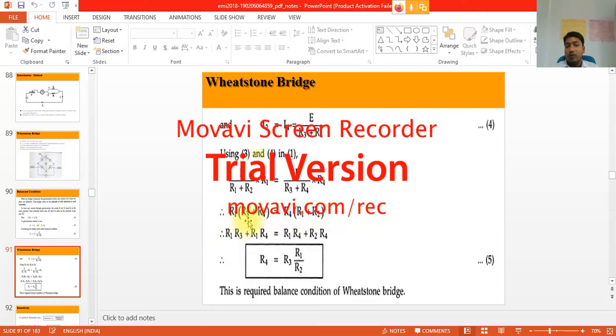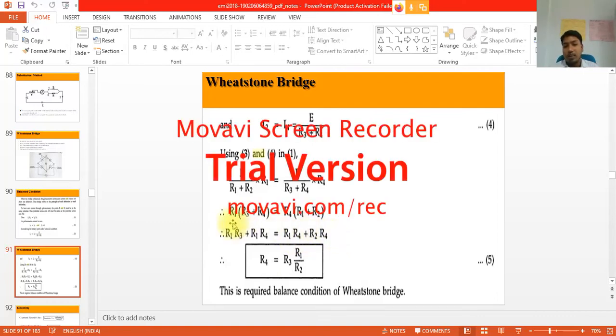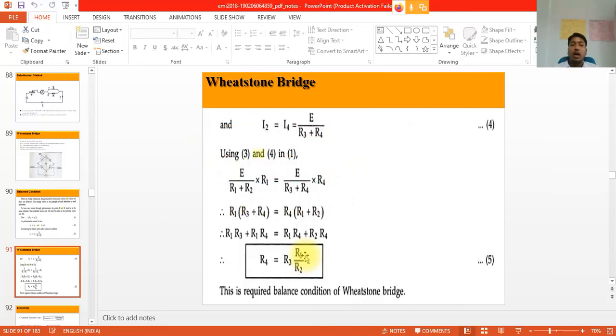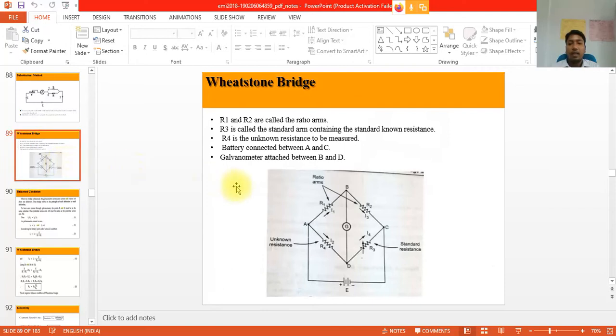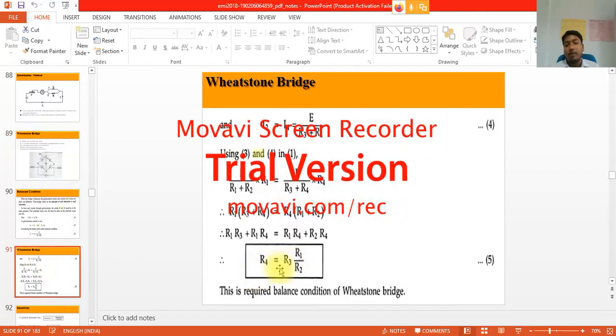If we remove the brackets, we get R1 R3 plus R1 R4 is equal to R1 R4 plus R2 R4. After solving this equation, we come to the conclusion that R4 is equal to R3 into R1 upon R2. You can say that the ratio R1 upon R2 is equal to R4 upon R3.